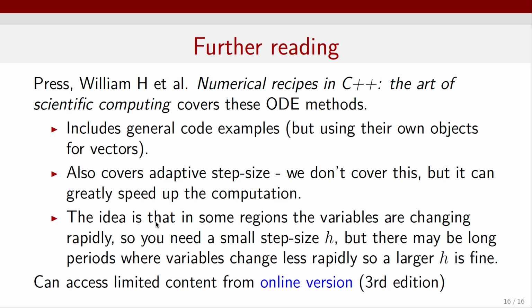So the idea of adaptive step size is that in some regions the variables are changing rapidly, so you need small time steps, but in other regions the variables don't change much, so a larger time step is okay. So adaptive step size methods control the time step by looking at the error and how much terms are changing. We're not going to use that in this class, but you may want to look at it in the book, which you can find online if you're interested.